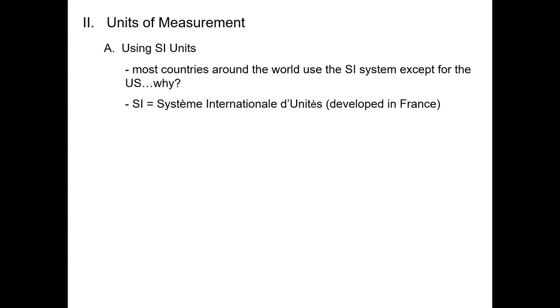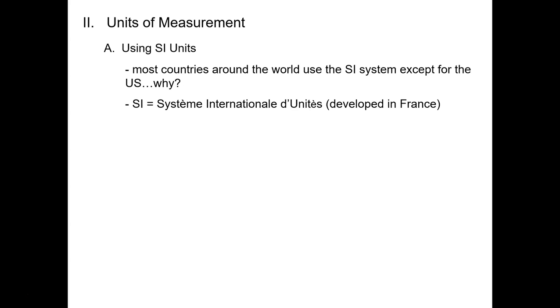Eventually, you get to the point where if somebody from France is going to meet somebody in Russia, and they want to deal with each other in terms of how much of something they have, they're going to need a common system of units, and this started becoming a problem.